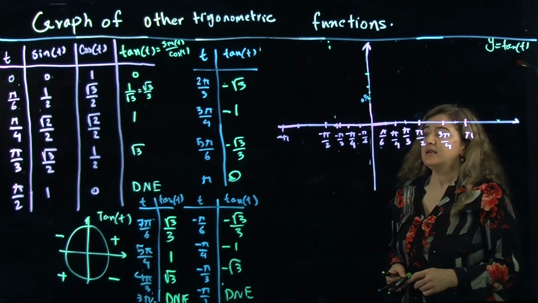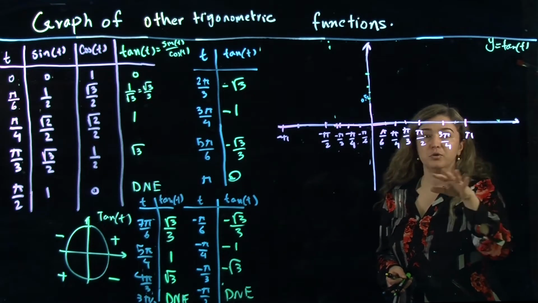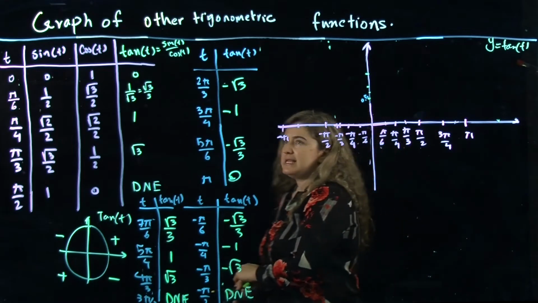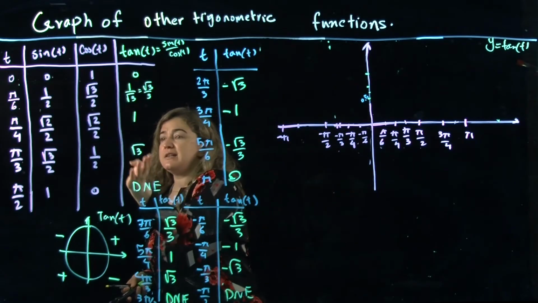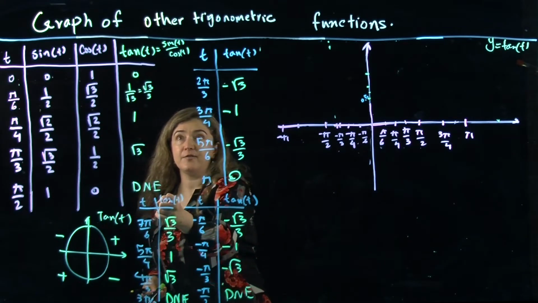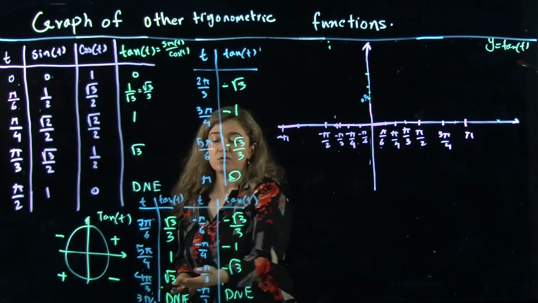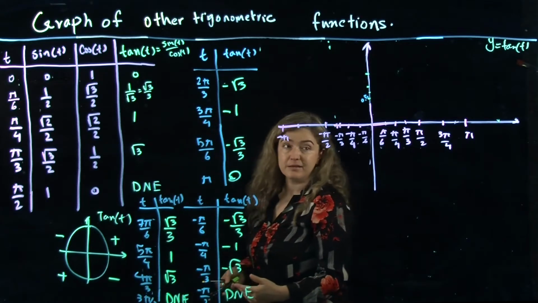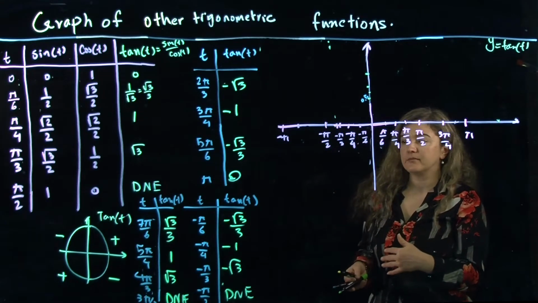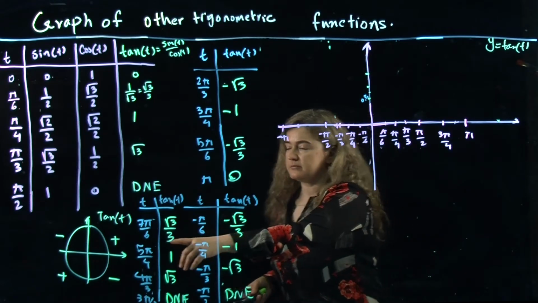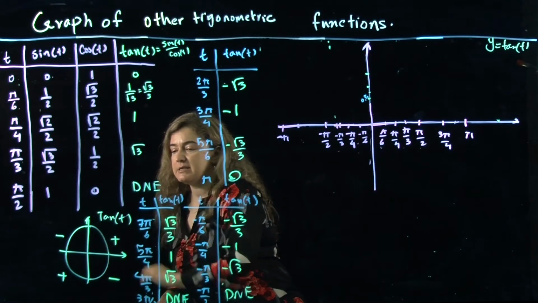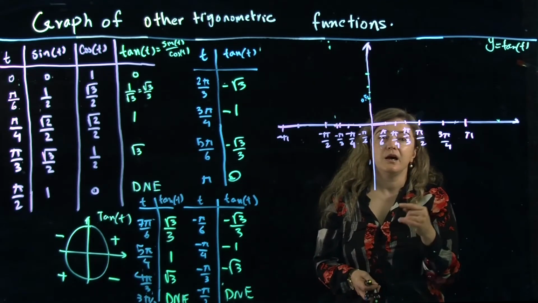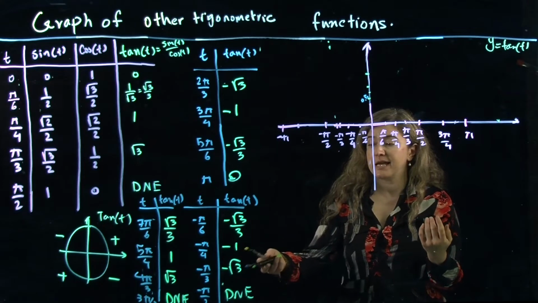Okay. So let's try to put these values over here. I know that at t equal to pi half, tangent doesn't exist. I also know at t equal to 3 pi half or negative pi half, they're the same thing, the same place in the unit circle, but at neither of those places does the tangent exist.